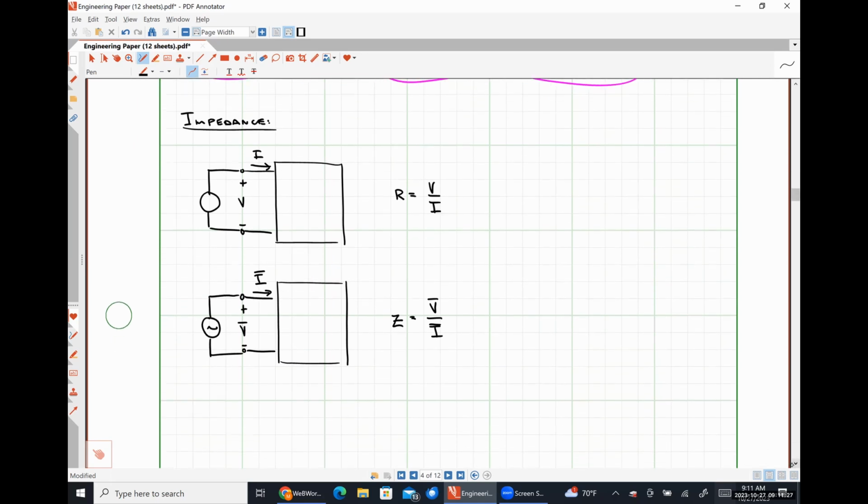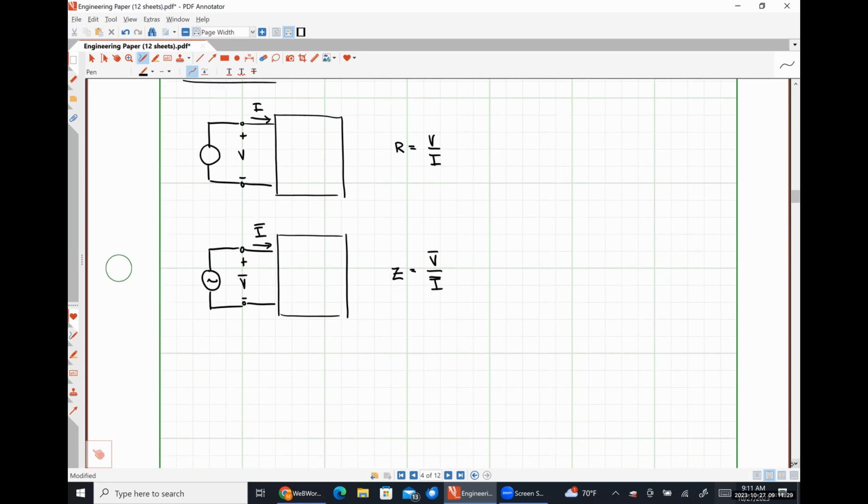Well, in the frequency domain, our voltages and currents are complex numbers, which means our impedance must also be a complex number. Okay? So Z is the ratio of our phasor voltage to our phasor current.